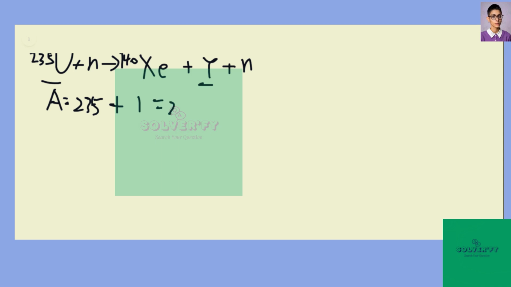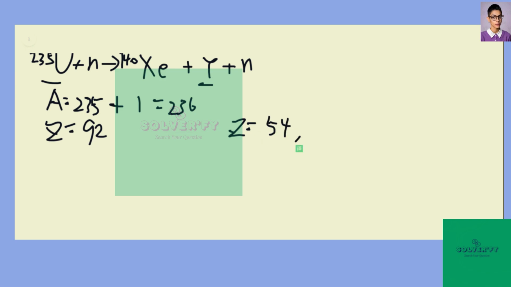So the total mass is 236, and the number of protons on the left-hand side comes just from the uranium, so this is equal to 92. We should have the same values on the right-hand side. On the right-hand side, the xenon contains 54 protons.